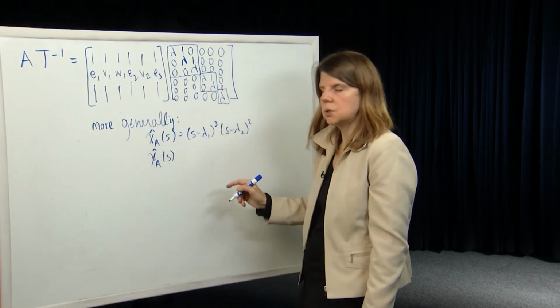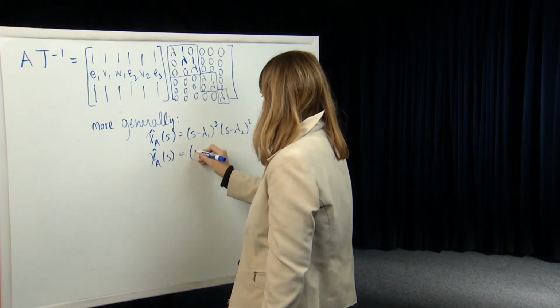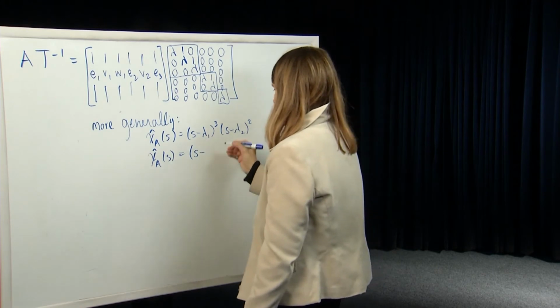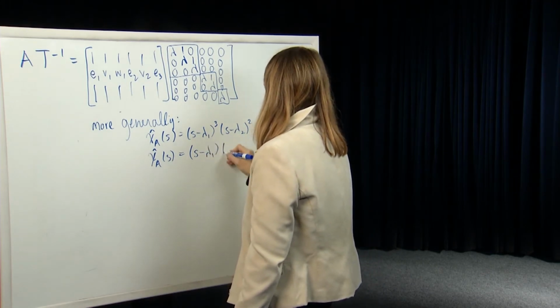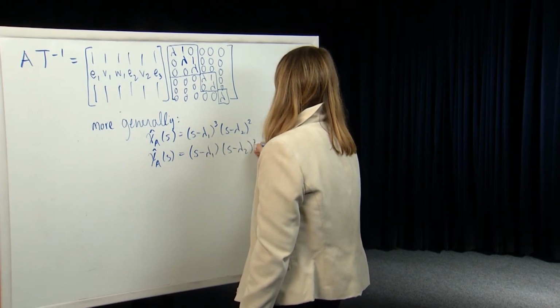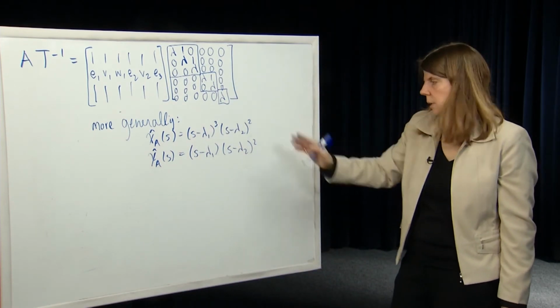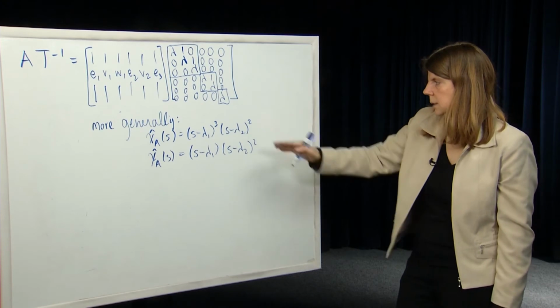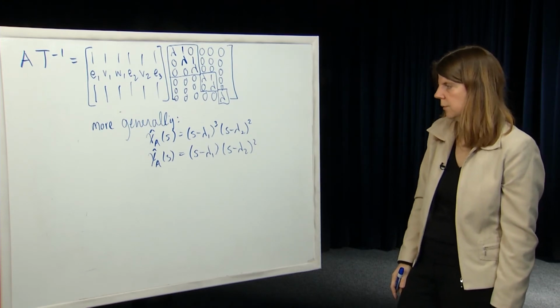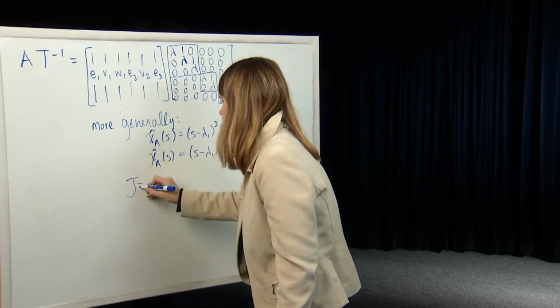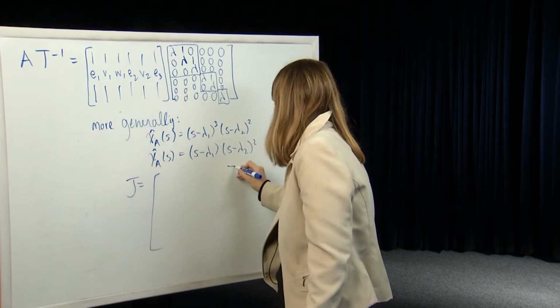But now I've expanded to 2 eigenvalues. And so let's suppose the minimum polynomial is (s minus lambda 1), and let's make this one (s minus lambda 2) squared. Okay, so the minimum polynomial is of degree 3 in this characteristic polynomial of degree 5. So just from that information now, you can construct possibilities of what the Jordan form looks like.